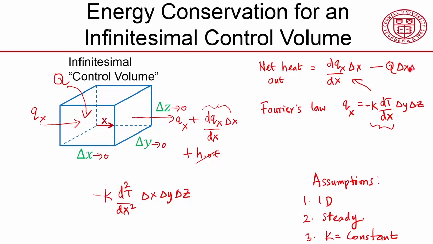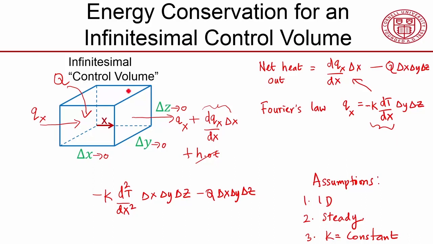So that's going to be delta x, delta y, delta z. One key thing to keep in mind is this term accounts for what's coming in through the phases. This term, which I'll add here in a moment, accounts for what's coming into the volume. So they're different that way. One is related to the surface area, the other is related to the volume. If I bring that in here, I'll get minus Q, delta x, delta y, delta z.